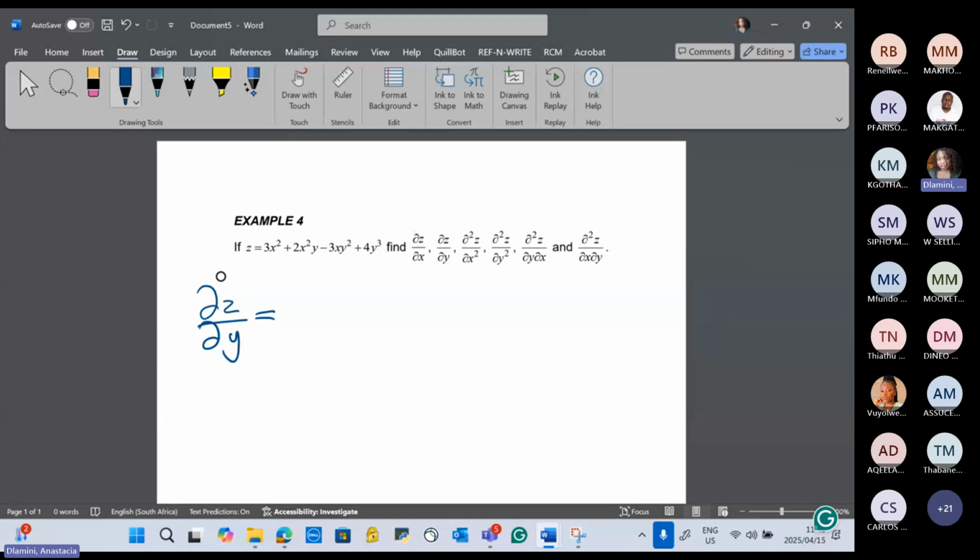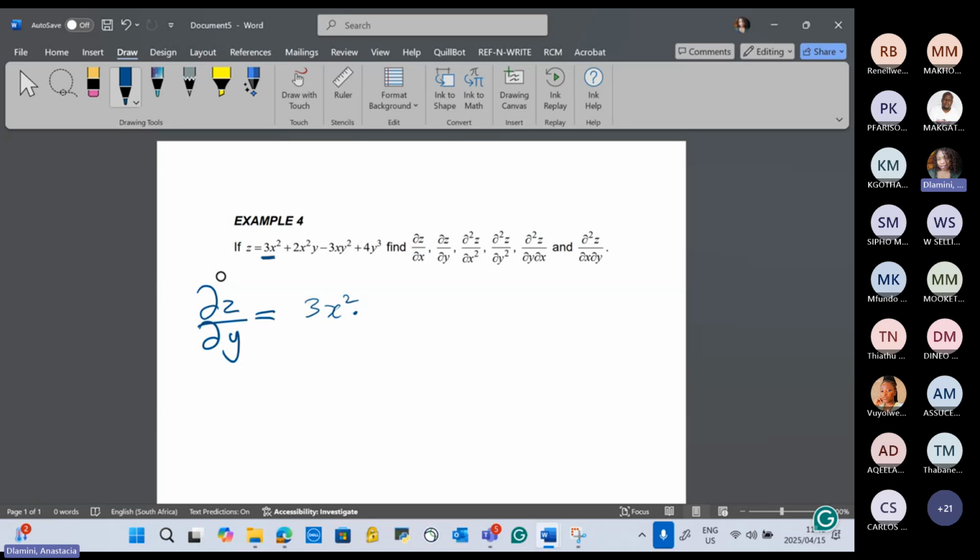Now, is there a y here, guys? Well, there is. It's y to the power of 0. So we keep 3x squared times y to the power of 0, and we know y to the power of 0 is what? 1.